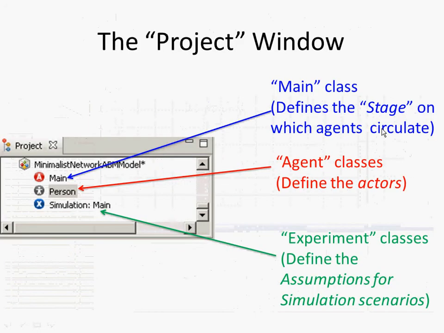Okay, so in the project window, we have several types of entities shown. One is the main class. This is the stage in which the agents circulate. This is the global environment associated with the agent. And there may be one or more agent populations in there, and we'll see in a second how we add those populations. There's agent classes that define the actors, and then there's experiment classes of various sorts.